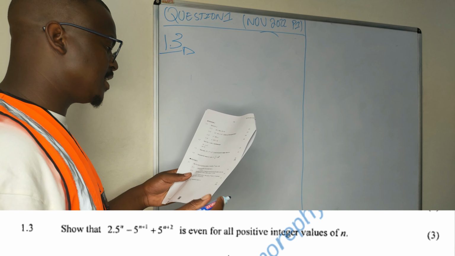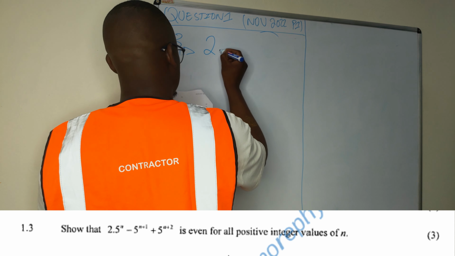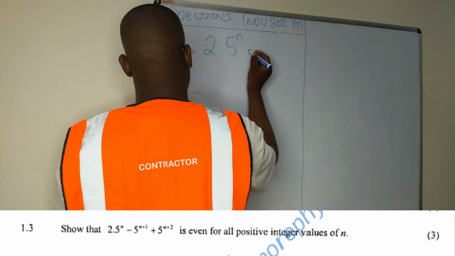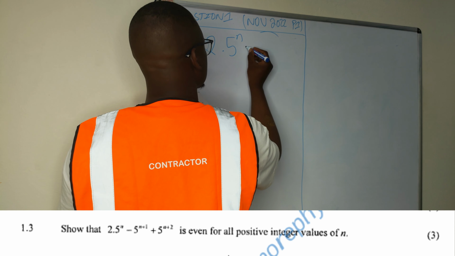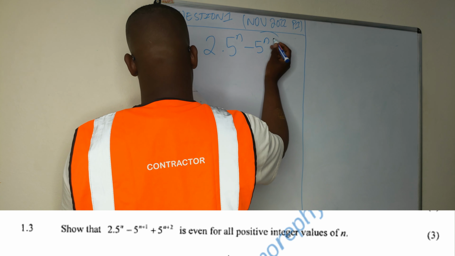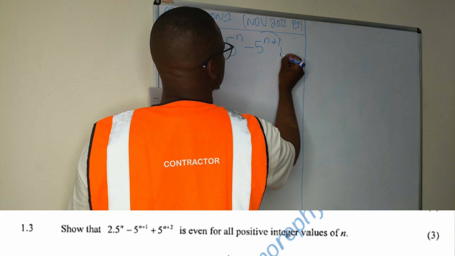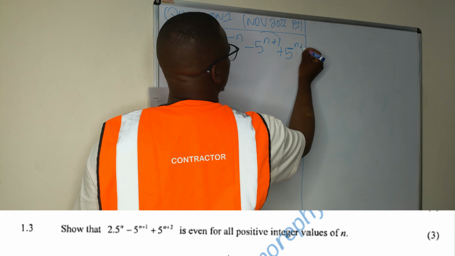They're saying show that this 2 times 5 raised to n, minus 5 raised to n plus 1, plus 5 raised to n plus 2.